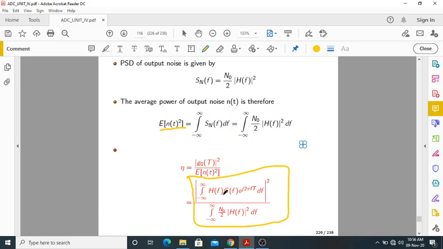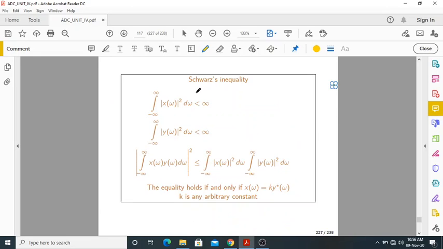So for that we have something called Cauchy-Schwarz inequality. Okay, so try to understand this very clearly. What it says here is, this is very important. So integration minus to plus infinity mod x of omega whole square d omega is less than infinity, which means it is finite. In the same way, y of omega is also finite.